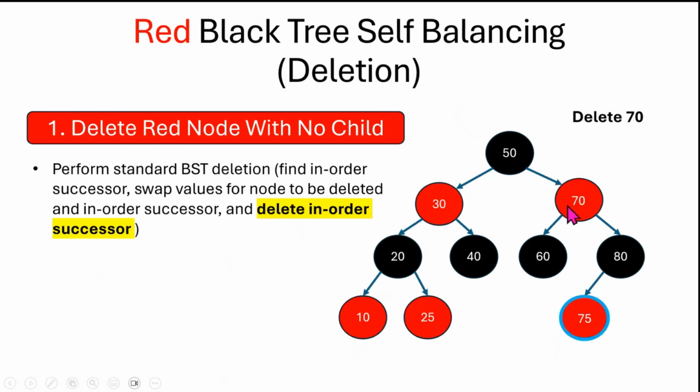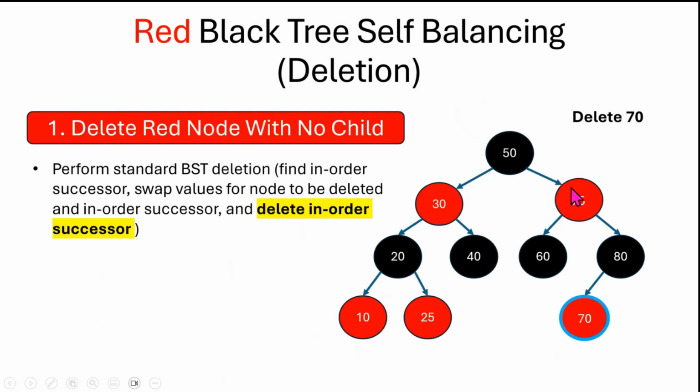What we do is find the in-order successor, which here for 70 is 75, and swap the values. And we know that the in-order successor can have either just a right child or no child. If the in-order successor is a red node, it cannot have a single child in a valid red black tree, because it can cause a red-red violation or black height violation, as we saw in a previous slide.